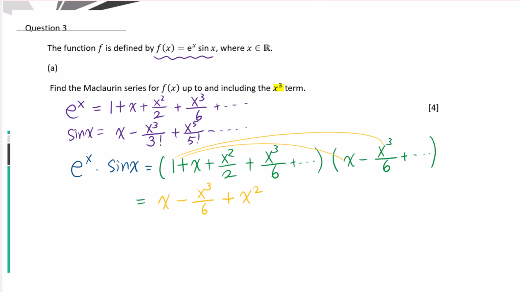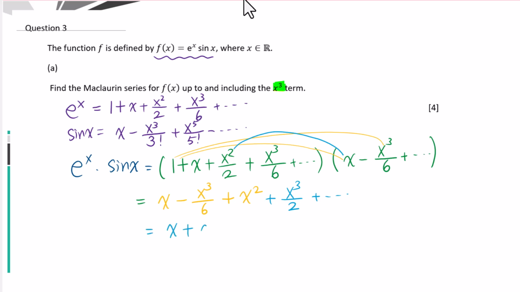We only need up to x to the third power, so we don't write down that. Keep going. x squared over 2 times x is x to the third power over 2. That's it. Combine like terms.